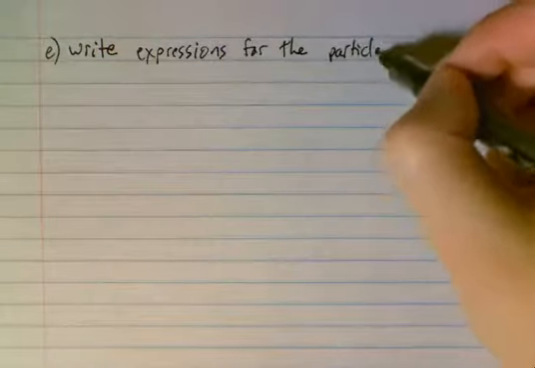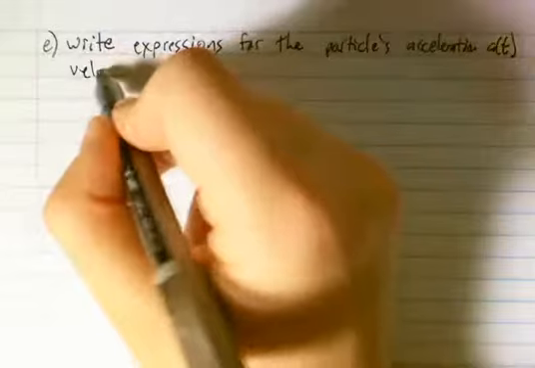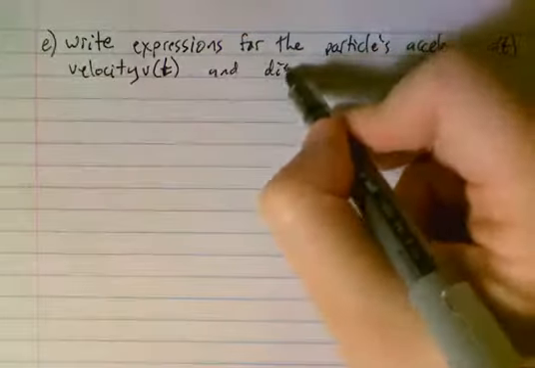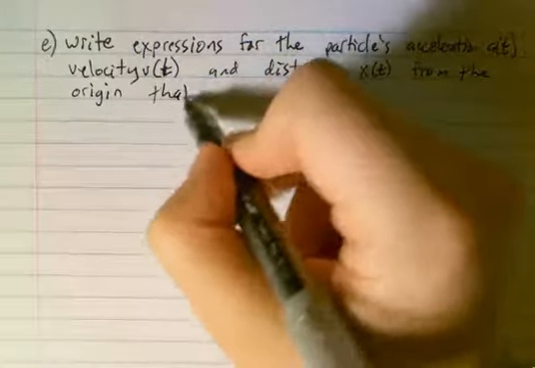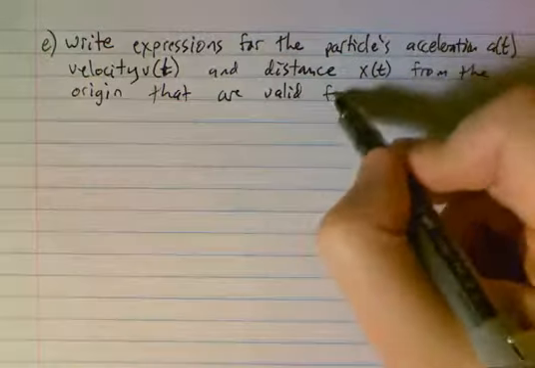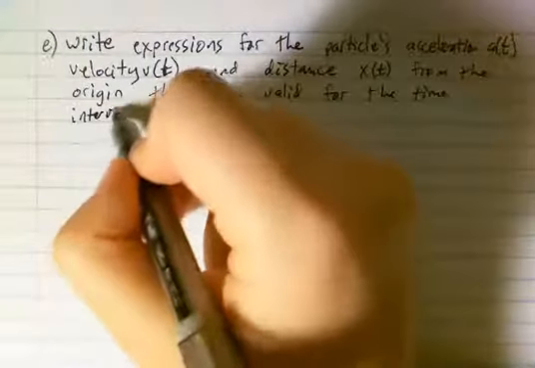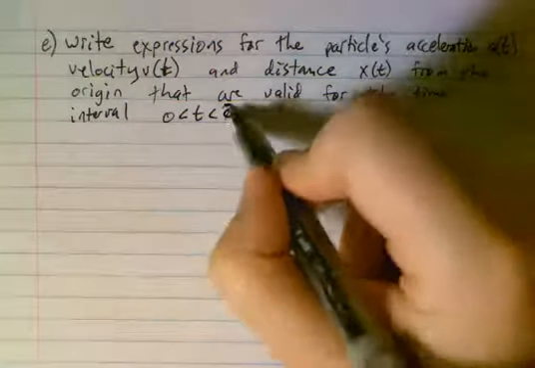Write expressions for the particle's acceleration, that's a of t, velocity, v of t, and distance, x of t, from the origin that are valid for the time interval when t is between 0 and 2.